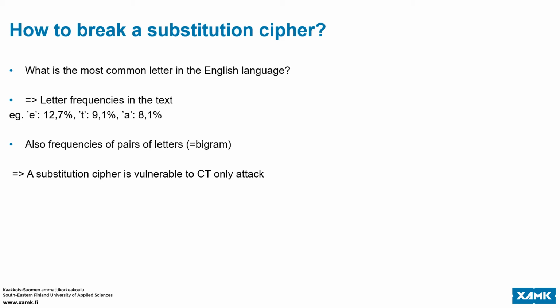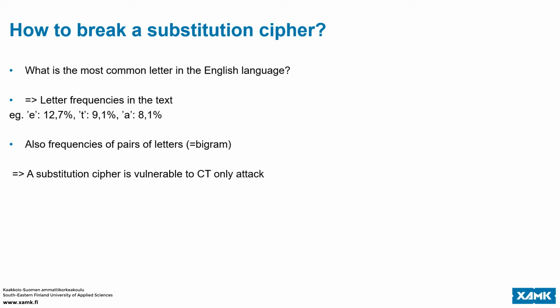That also means that it's relatively easy to break a substitution cipher. If we see a message that has been encrypted using a substitution cipher, all we have to do is figure out the letter frequencies used in the language that the text was written in. For instance, the most common letter in the English language is E. So if you see a letter appearing many times, especially in a long message, probably it's an E. A is the third most common letter, and so on.